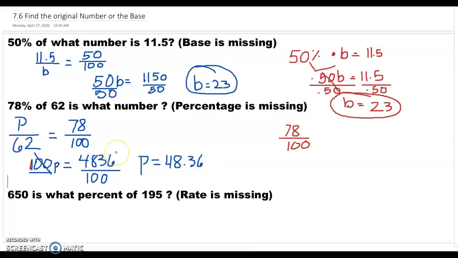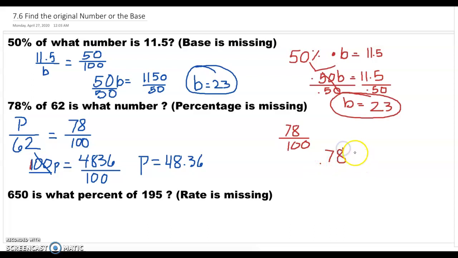Okay, I have it already set up for the percentage formula. The first thing we have to do is get this into a decimal. So we're going to go 78 divided by 100, which will give you 0.78.